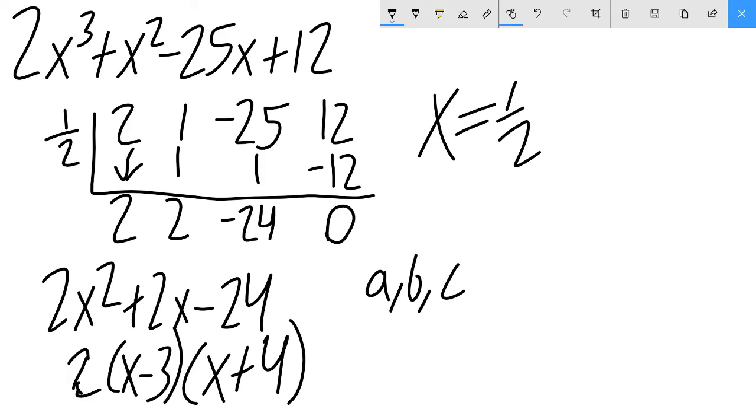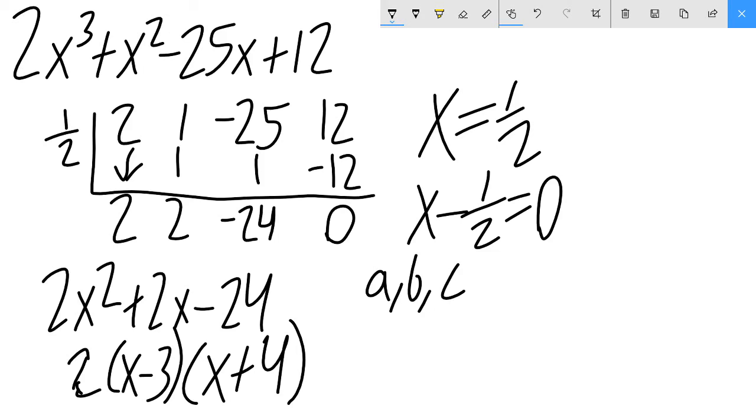And so, we also have this x equals 1/2, and we need to include that in the factored form of the cubic equation. So, we need to make sure that this side is 0. So we subtract 1/2 from both sides to get x minus 1/2 equals 0. Notice how this 1/2 isn't an integer, and it would be easier if it is.